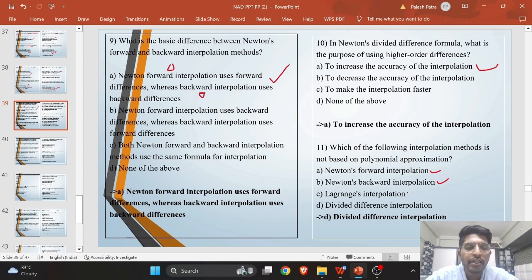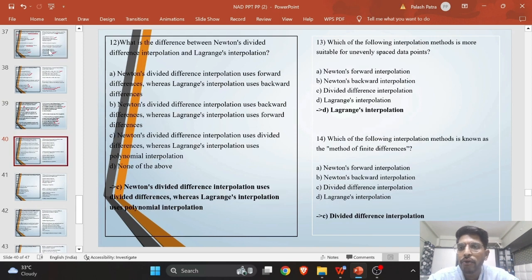In Lagrange's interpolation, we take a polynomial of n degrees to conclude the result, which leaves us with divided difference interpolation. In this method, we do not use any polynomial approximation. So option D, divided difference interpolation, is the correct answer, and all the other options are wrong.